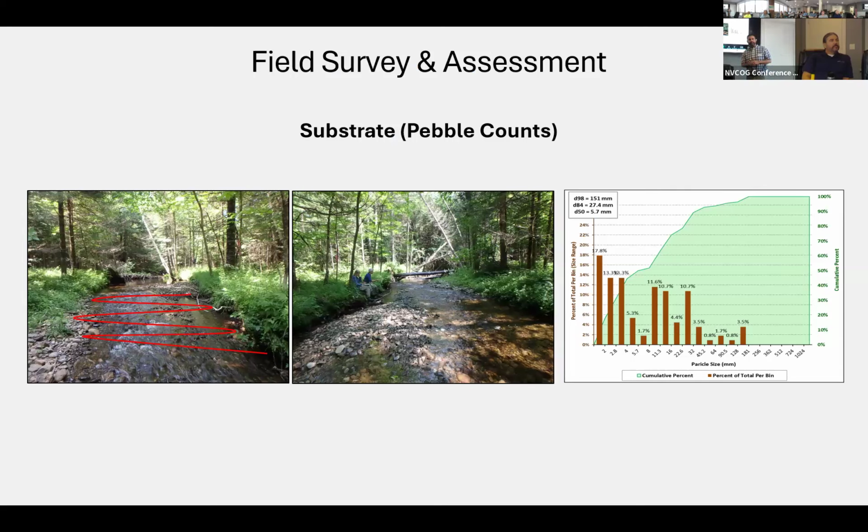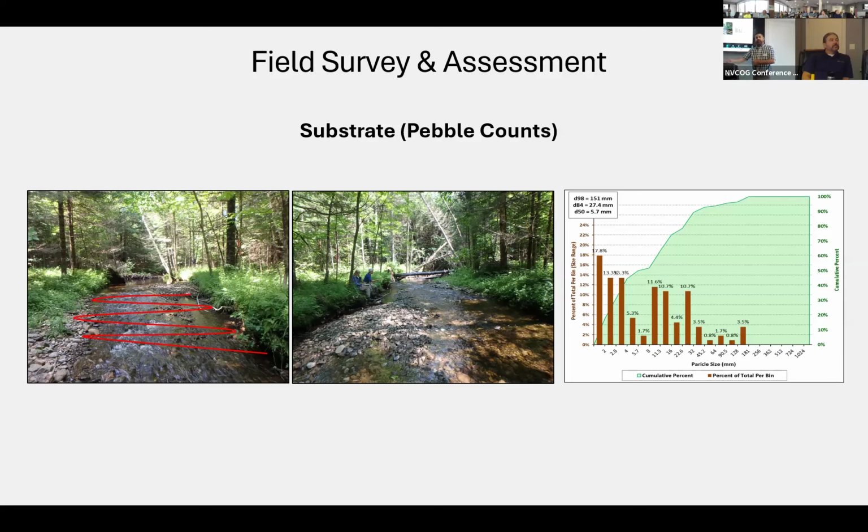And then I mentioned substrate. We did this with pebble counts, that's showing a zigzag pattern. I was schooled with the grid pattern, but basically you are literally reaching into the stream blindly to get a random survey, pointing with a finger, picking up the rock you got, putting it through a template to figure out its width.